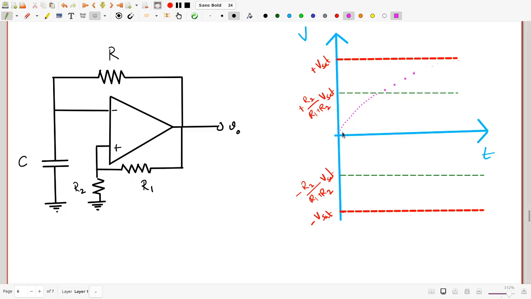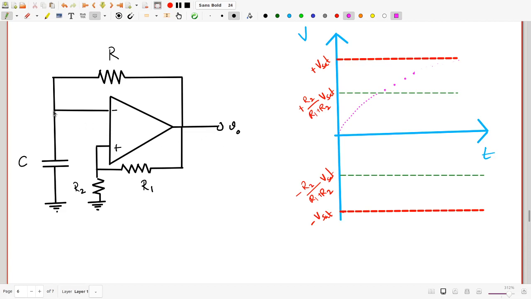Why? Because once the capacitor charges up and the voltage of the capacitor, which remember is V minus, the input to the Schmitt trigger, once it crosses the UTP, the upper trip point, the output suddenly switches to minus 12 volts or minus Vsat. Okay. So what happens now?